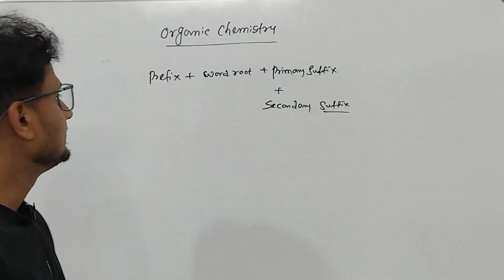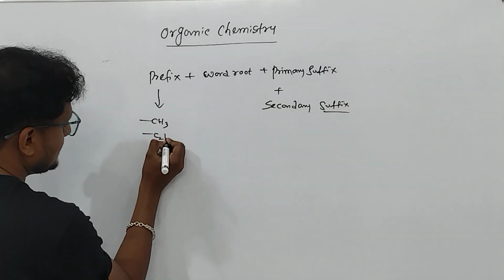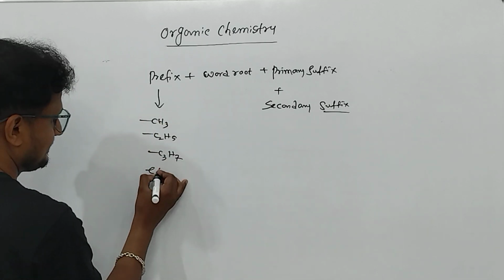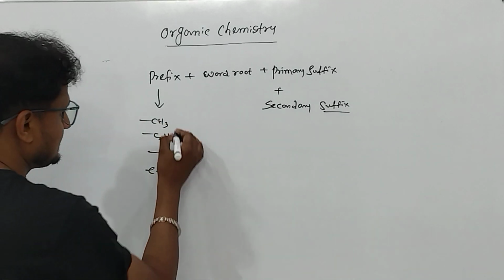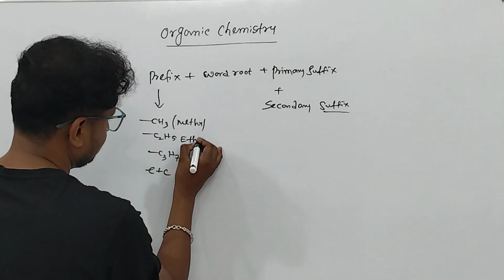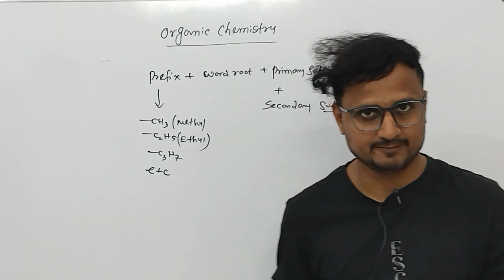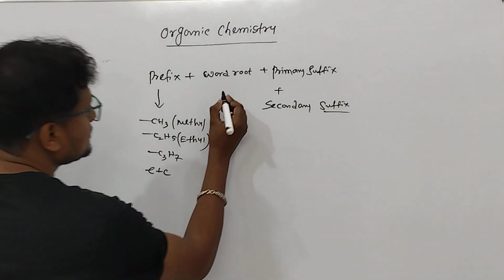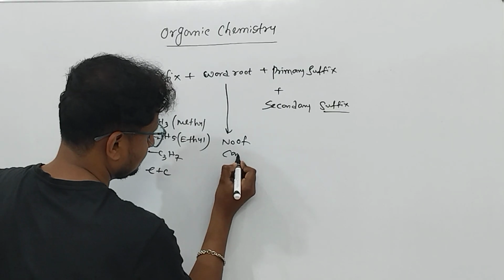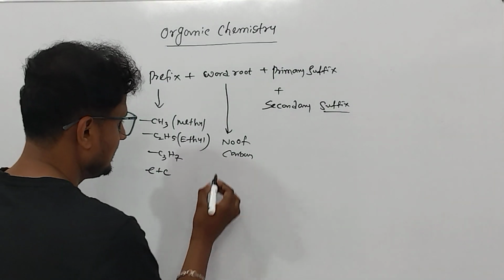Okay, now the prefixes are alkyl groups like CH3, C2H5, C3H7. These are the prefixes, etc. Methyl, this is methyl, you know, ethyl. Their names must be written in front. Okay, these word roots are the number of carbons, like one carbon is meth, right?